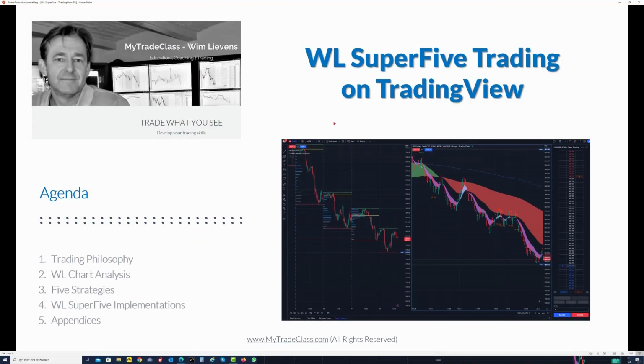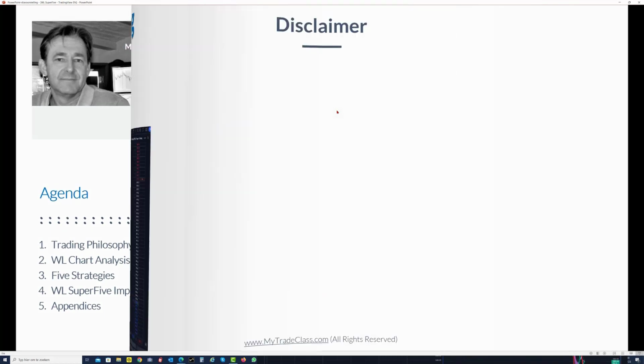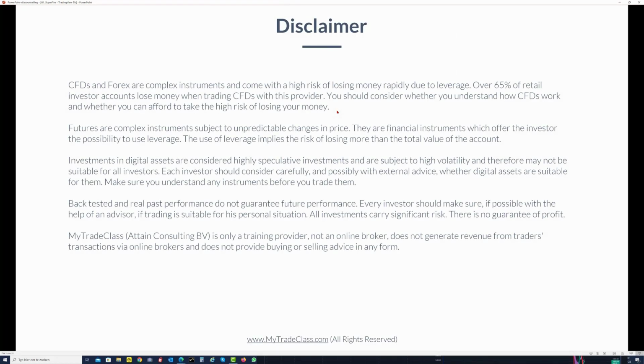As always, customary to these presentations, we have to begin with the disclaimer. And we take this very seriously here because, as you know, we trade CFDs, forex, futures, or other instruments on leverage, on margin, and that means that you can trade for amounts which are higher than the size of your account. On the one side this is wonderful, but on the other side there are certain risks which you have to know about, which you have to learn.